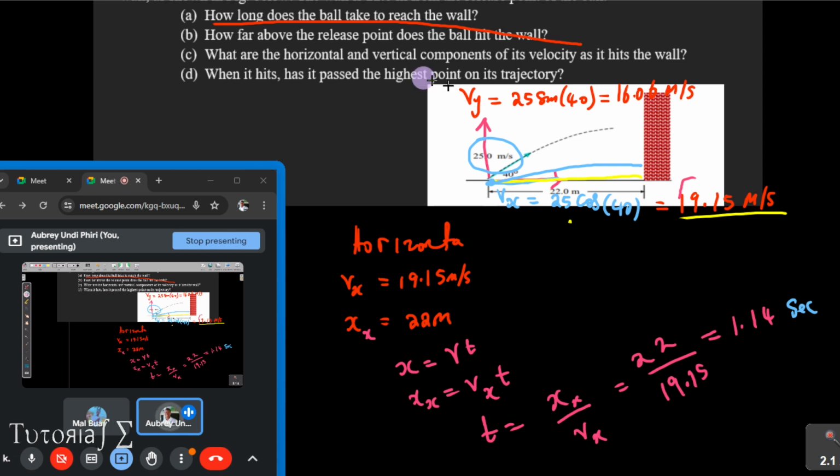So now we have the time from this point to that point. How far from the release point will the ball hit the wall? How do you think we can approach this one?